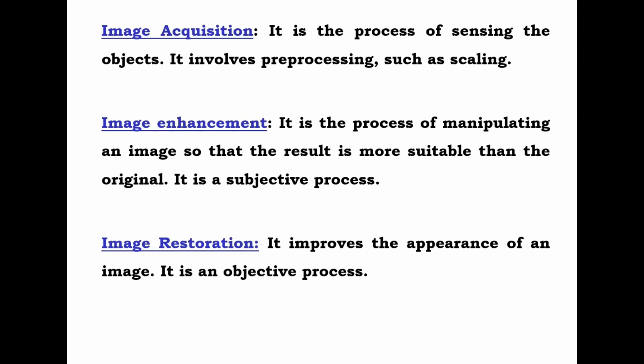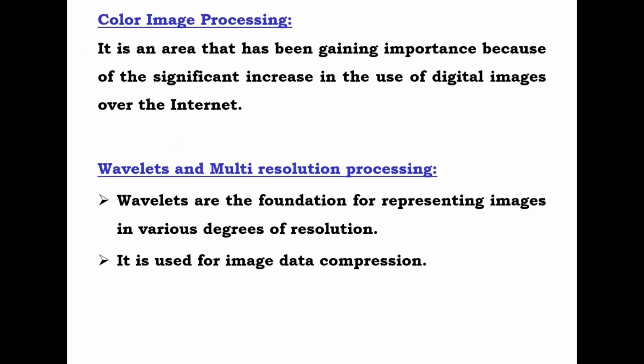Restoration mainly improves the appearance of the overall image, and this is an objective process. An objective process involves mathematical methods. Only after using certain mathematical methods can we say whether the quality of the image is good or not. Such a process is called an objective process.